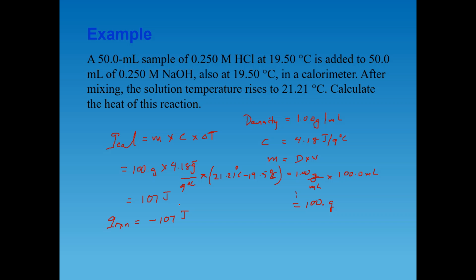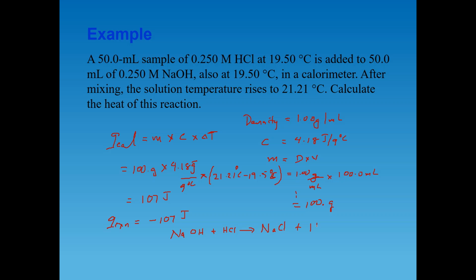Now, let me take this a step further, because you could be asked for the enthalpy of the reaction, in which case you have to write down the equation. The equation for this reaction is the acid-base reaction between sodium hydroxide and hydrochloric acid to form sodium chloride and H2O.